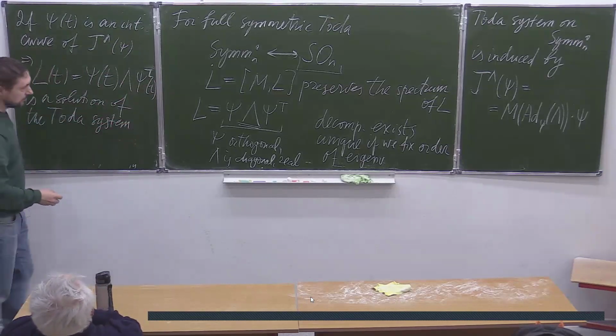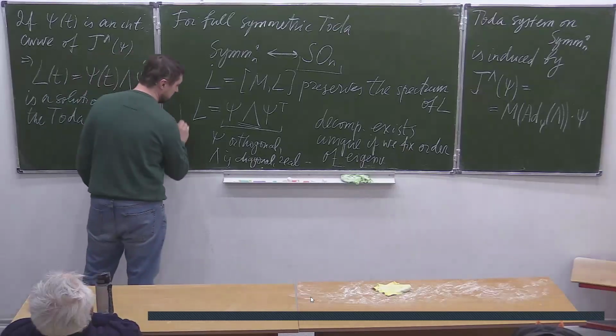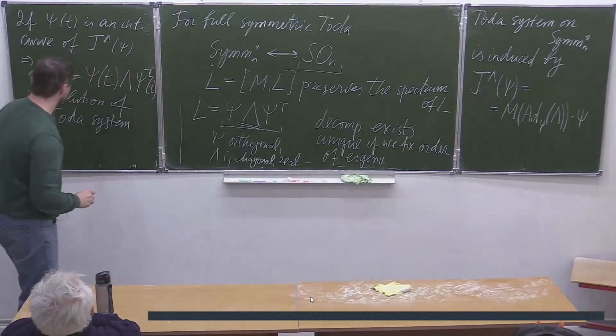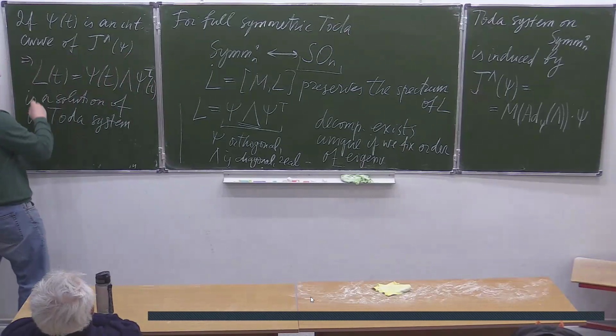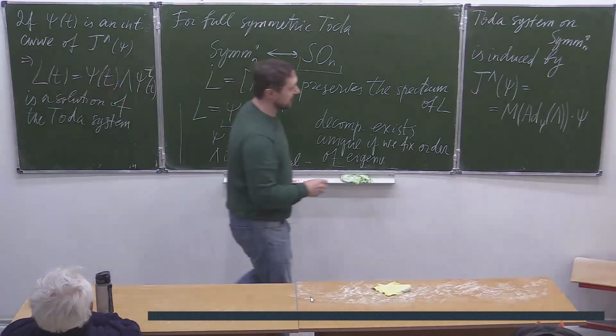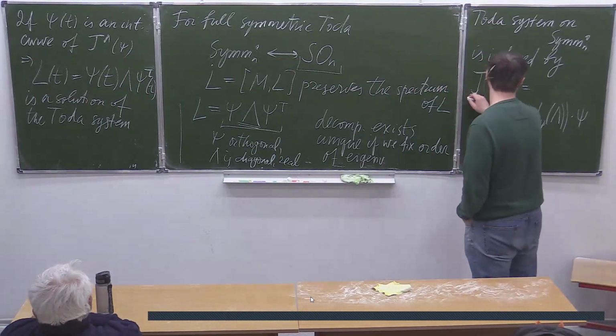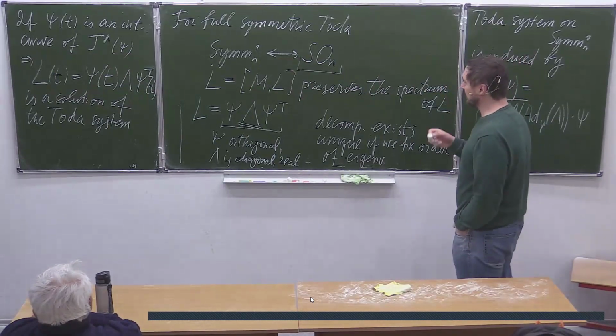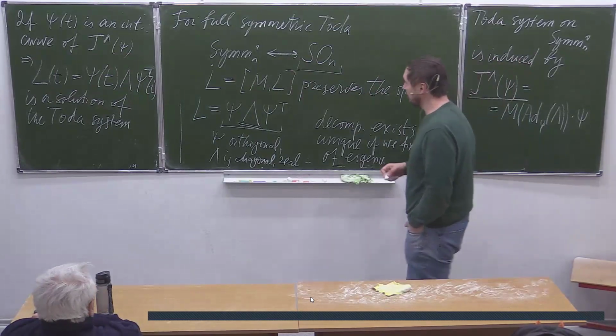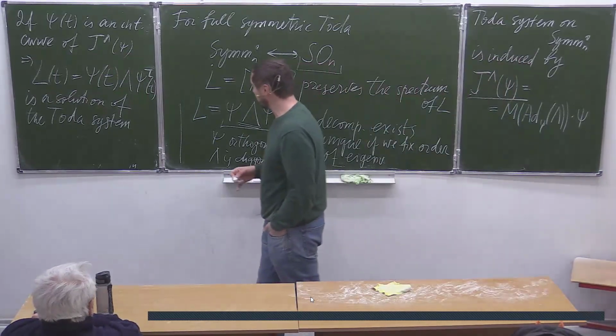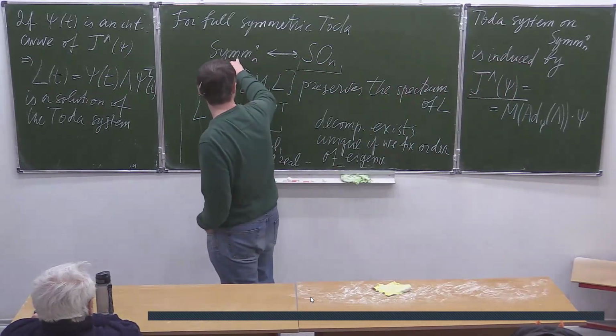Moreover, due to the uniqueness of this decomposition, if I have a symmetry of this vector field T lambda, I can pull this symmetry to the space of symmetric matrices in the same way.